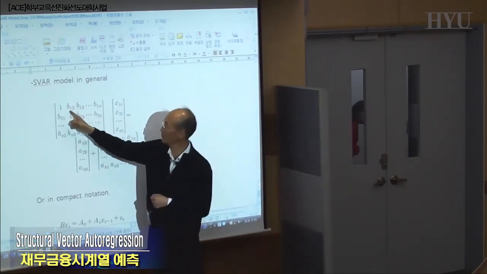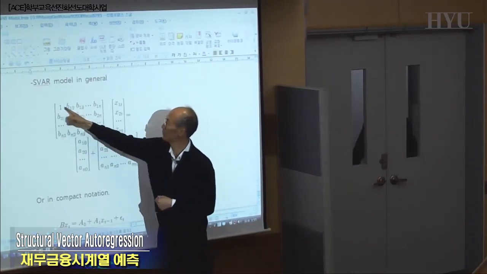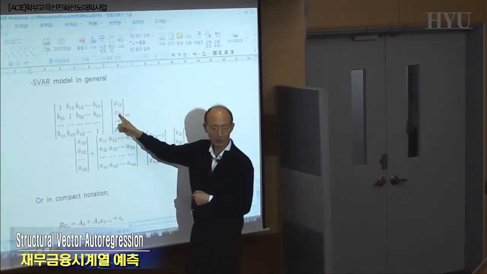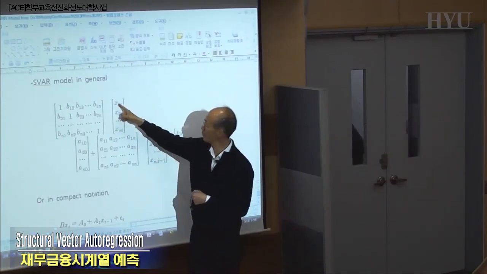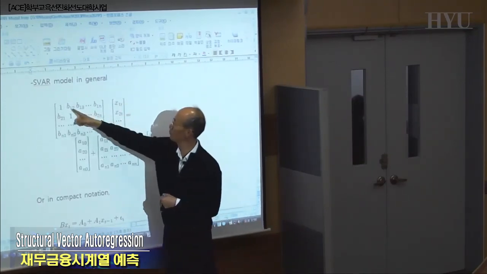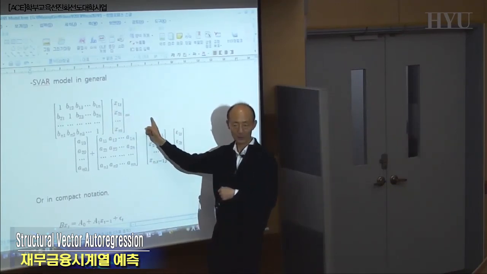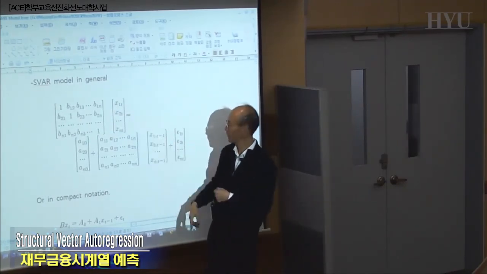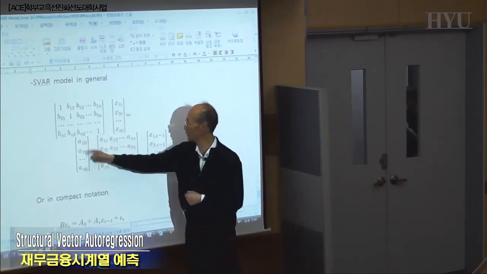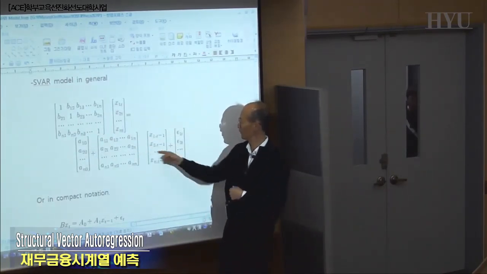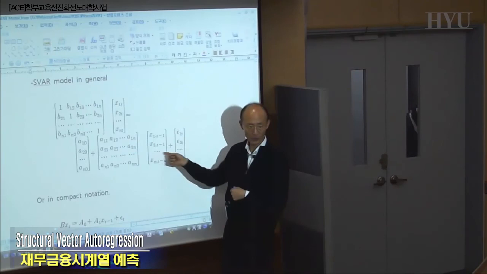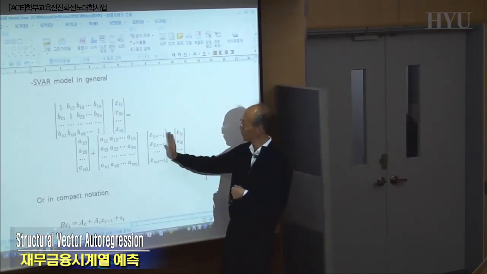So non-zero B1,2 means these are related, right? So x1t equals minus B1,2 x2t on the right-hand side with a negative sign, right? Along with some constants and lagged dependence like that. It could have more lags, right?